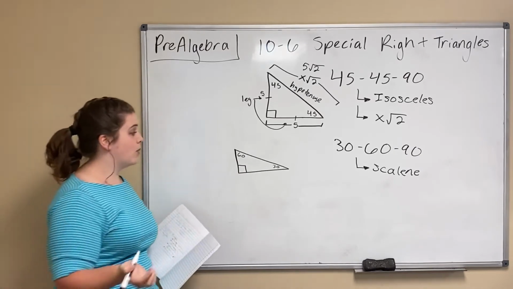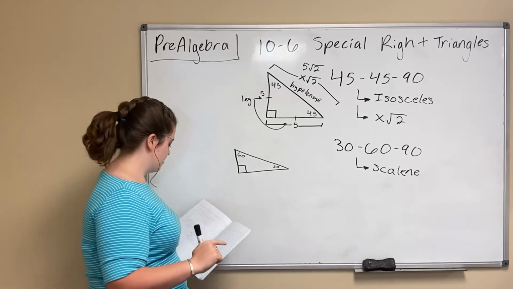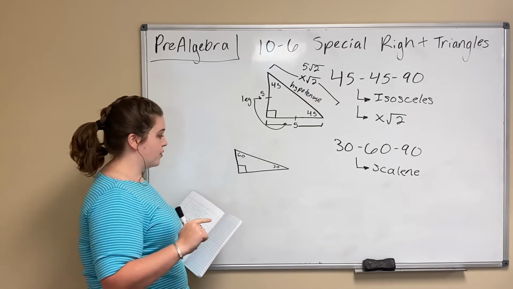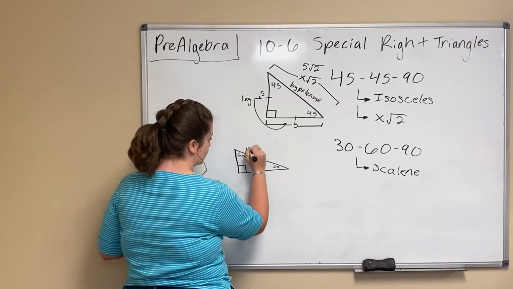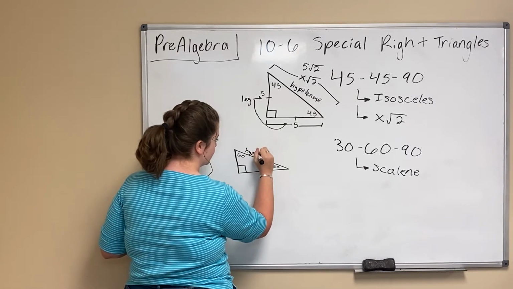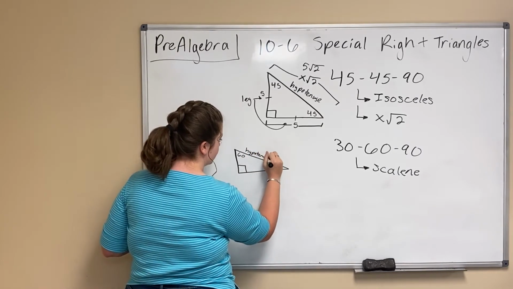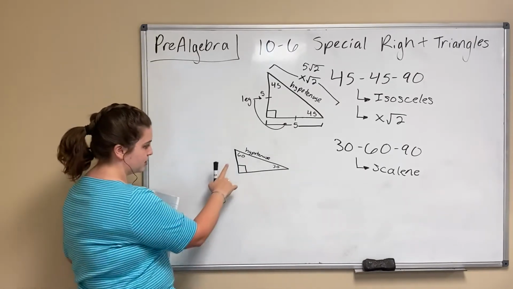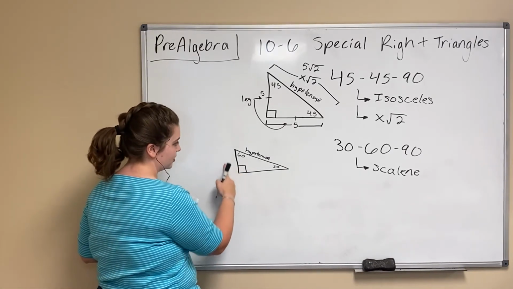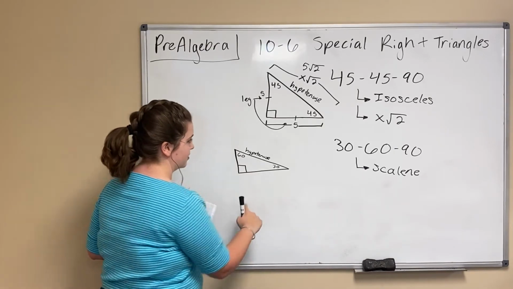What we do know about the sides, though, is that a 30, 60, 90 triangle will always still have a hypotenuse, right? The hypotenuse is the longest side, just like up there. But if you'll notice, with its two legs, it has a shorter leg and a longer leg.